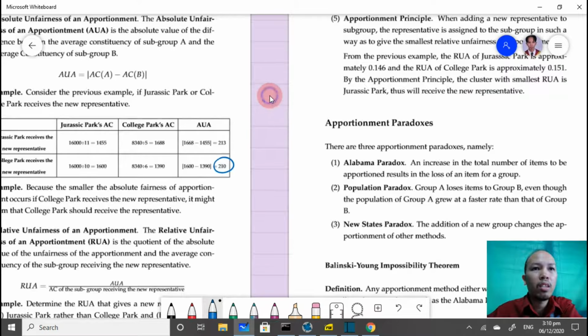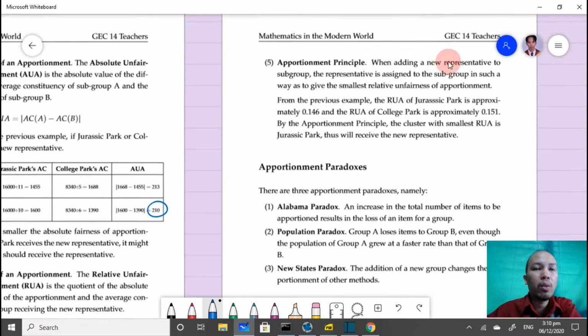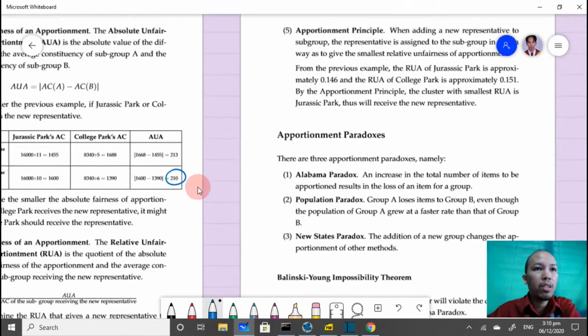It says here that when adding a new representative to a subgroup, the representative is assigned to the subgroup in such a way as to give the smallest relative unfairness of apportionment. So from here, since 0.146 is smaller than 0.151, the park that will receive the new representative is the Jurassic Park. Okay, so Jurassic Park will receive the new representative.